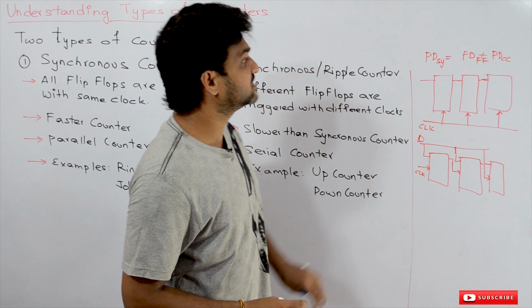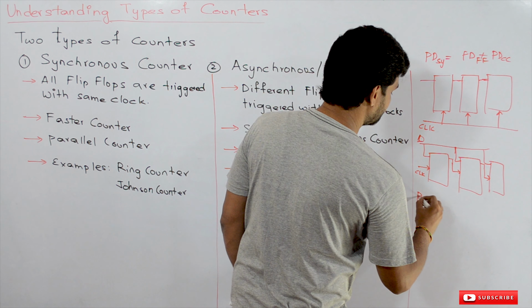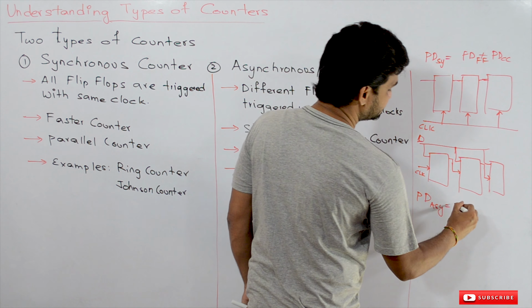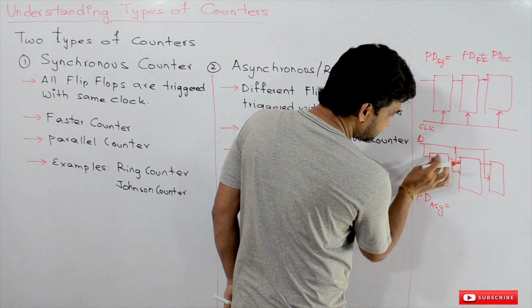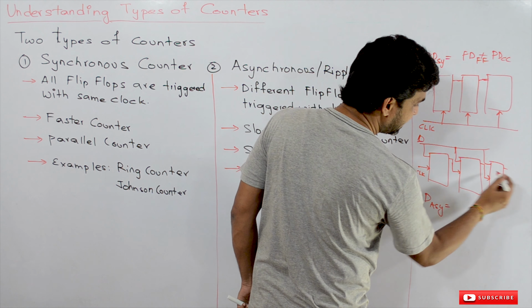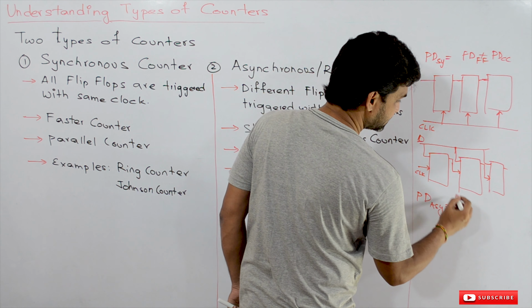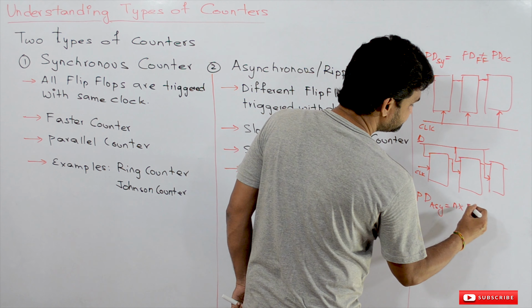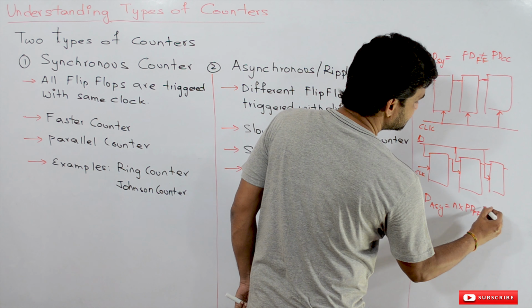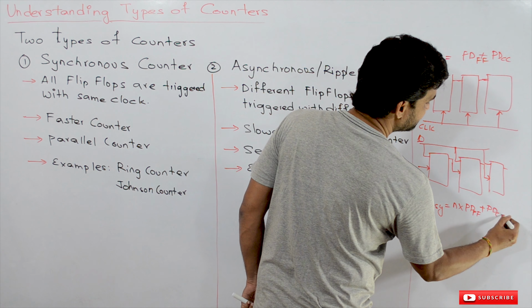What about the propagation delay of asynchronous counters? It has to wait for each flip-flop, so for the final output we have to wait for n flip-flops. So it is n times the propagation delay of a flip-flop, plus the propagation delay of the combinational circuit.